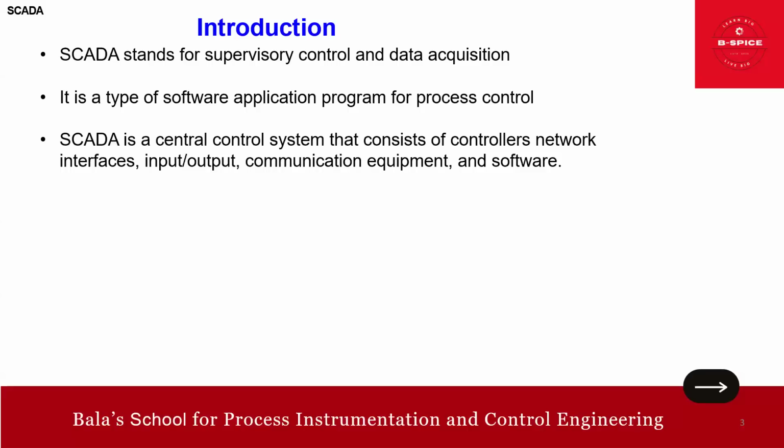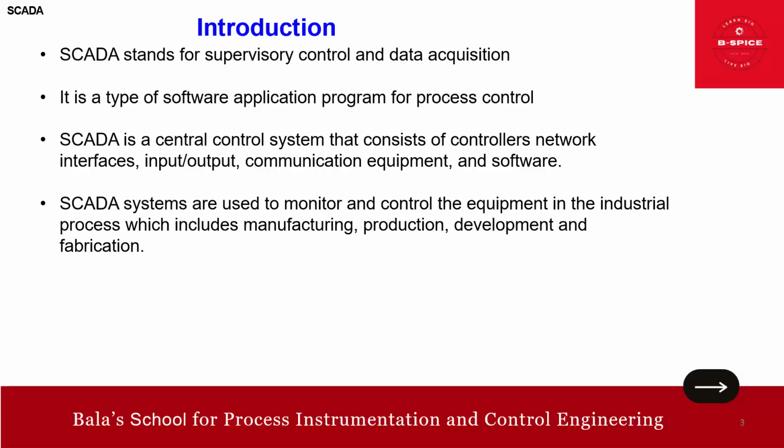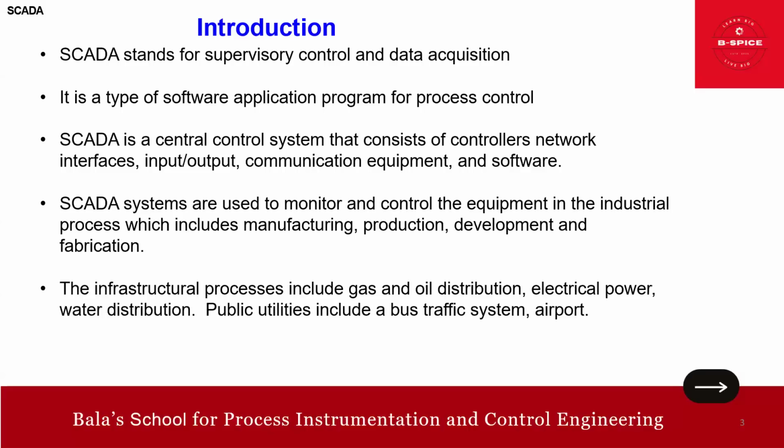SCADA systems are used to monitor and control the equipment in industrial processes, which include manufacturing, production, development, fabrication. The infrastructural processes include oil and gas distribution, electrical power, water distribution, and also public utilities, including the bus traffic system, the MRT train system, and airport systems.